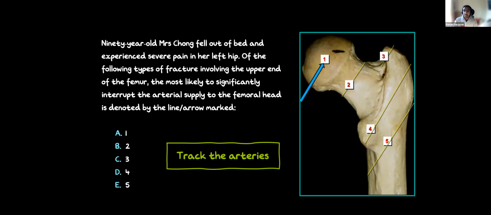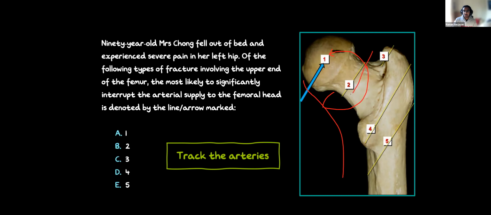but you have your medial and lateral circumflex arteries, which, let's assume this is the femoral artery here, come around this side and behind to the medial and lateral, and they'll supply the neck. I think the next question is actually about this, but they'll go then into the head.